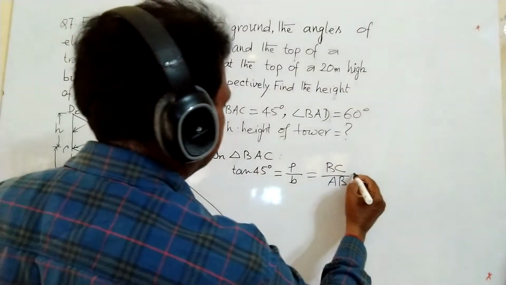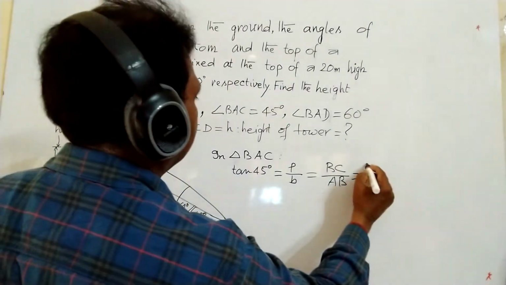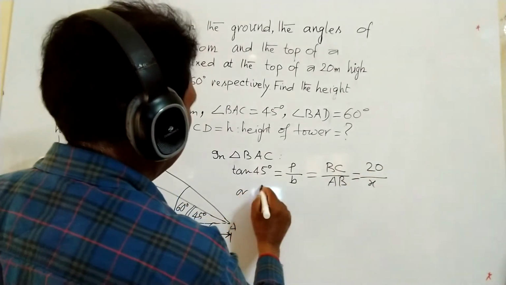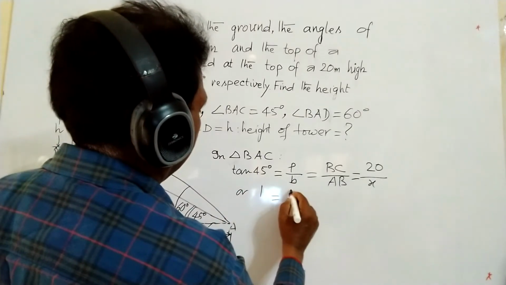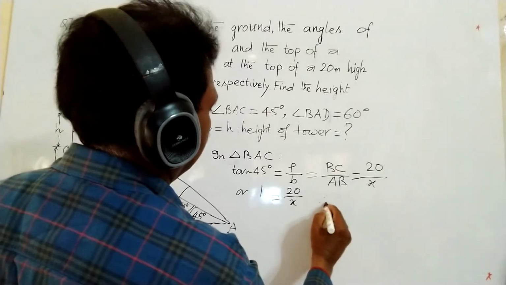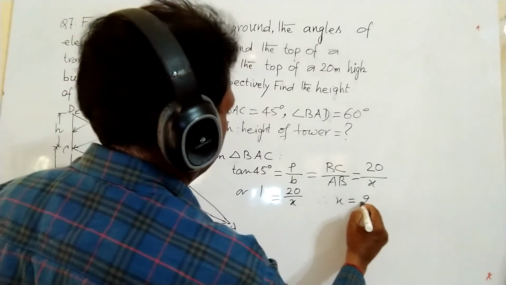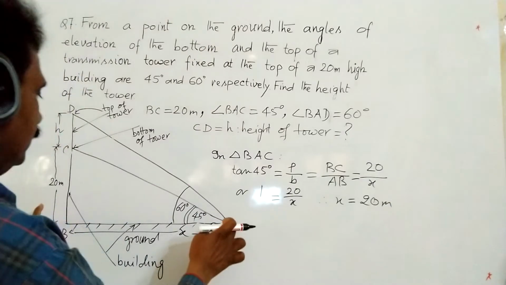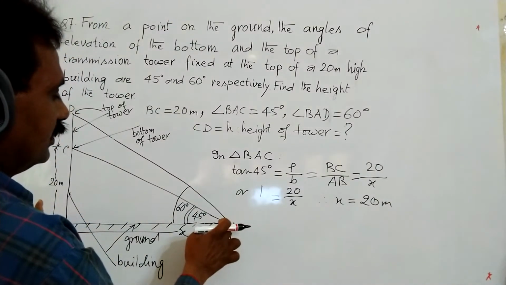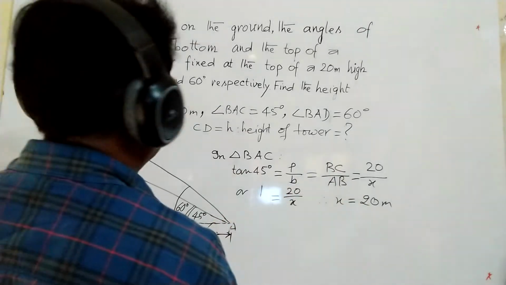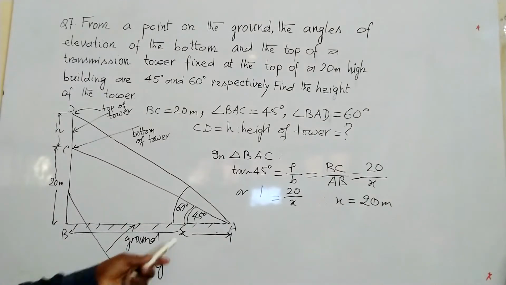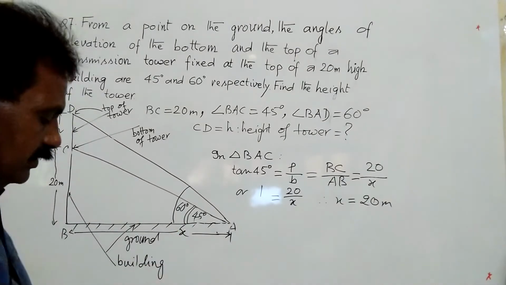BC is 20 meter and AB is x. We know that tan 45 equals 1, so 1 equals 20 by x. Therefore, x equals 20 meter. This distance from the foot of the building to this point is 20 meter. Now we have obtained the value x equal to 20 meter.